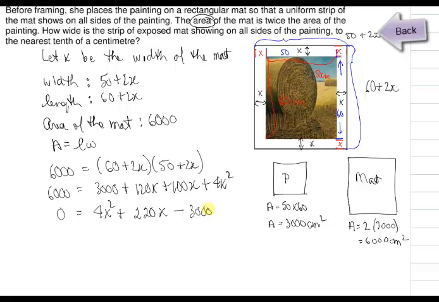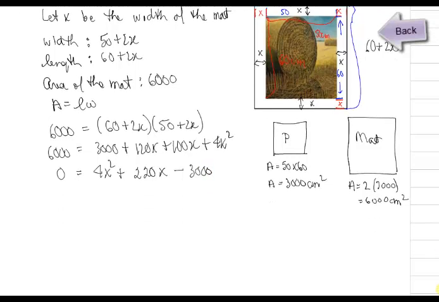Okay, and I could use my quadratic formula from here. I'd be working with some large numbers, but I happen to notice that each of my terms is divisible by 4. And because I do have an equation, as long as I divide both sides by 4, my expression will still be equivalent. So 4x squared divided by 4 is x squared. 220x divided by 4 is 55x.